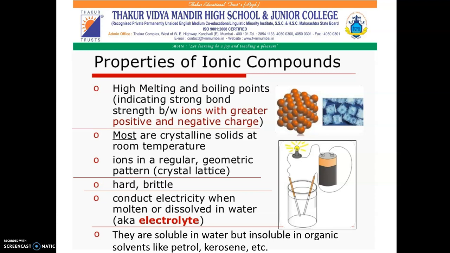As a result, a new force of attraction is established between the ions and the surrounding water molecules, replacing the original intermolecular attraction, and the aqueous solution of the ionic compounds is formed. This is the reason that they are soluble in water, but insoluble in solvents like petrol and kerosene. This is because, unlike water, a new attraction force cannot be established in these solvents.